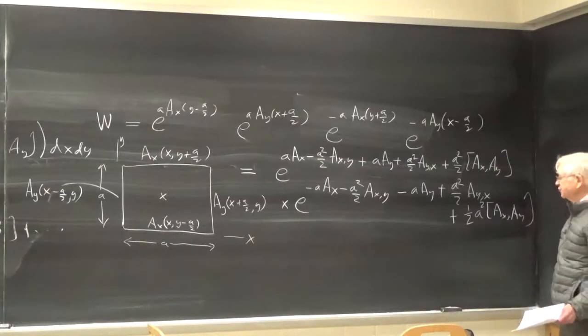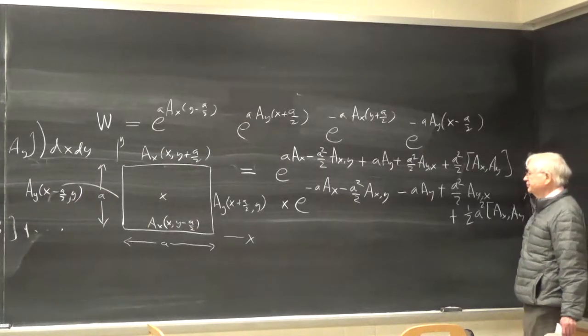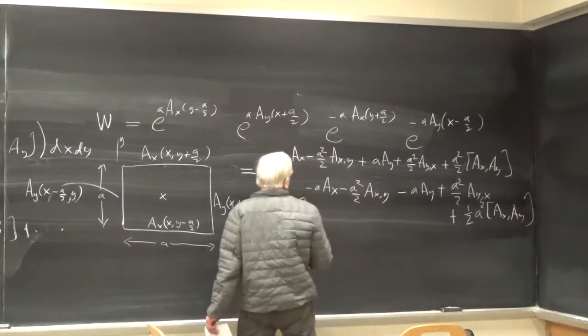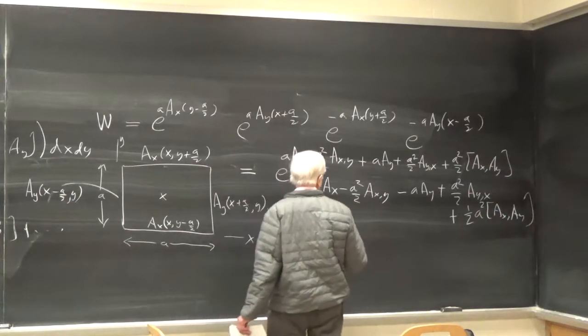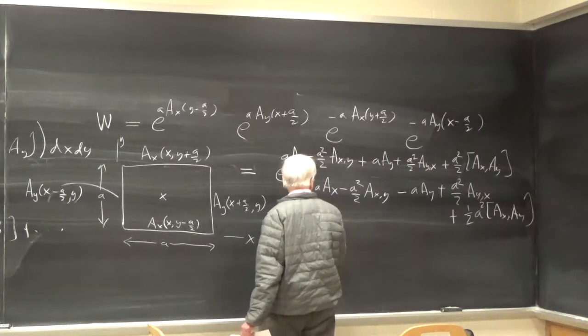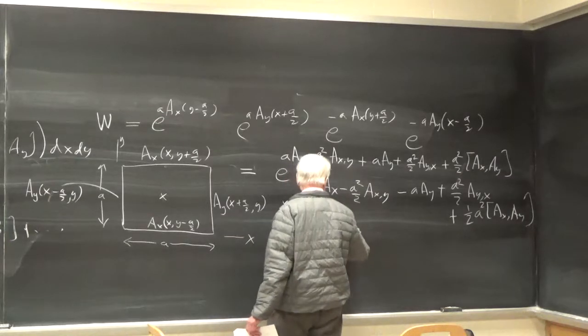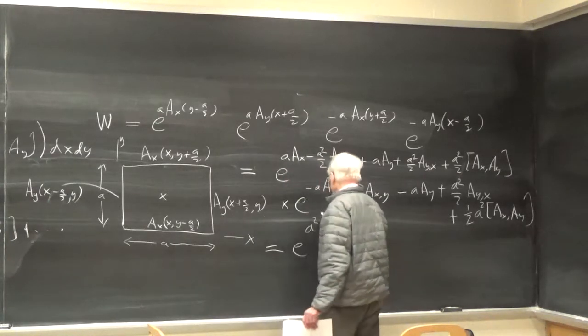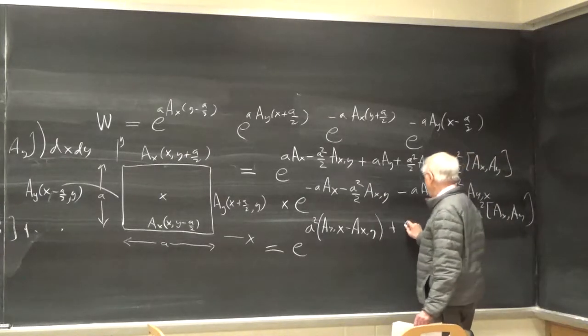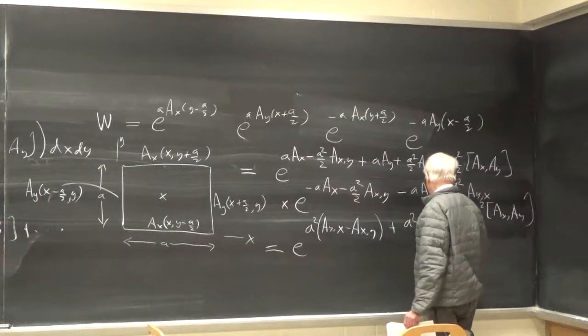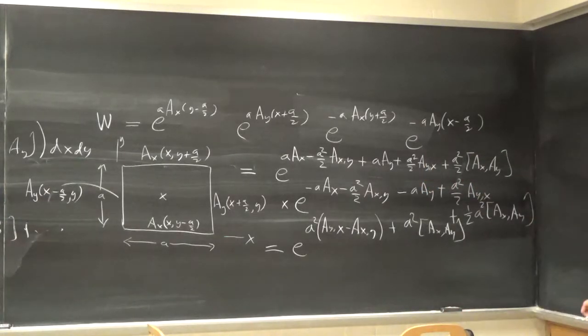Now multiplying the two exponentials together, we see that all these terms cancel, and what we have is e to the a squared A_y comma A_x minus A_x comma A_y plus a squared A_x A_y, and I think I've got that straight, right.